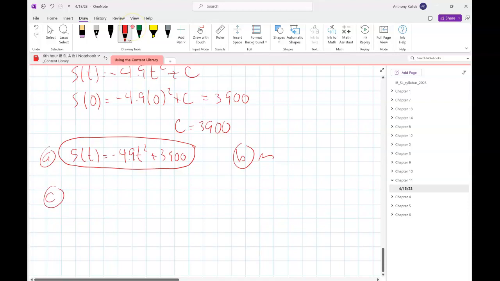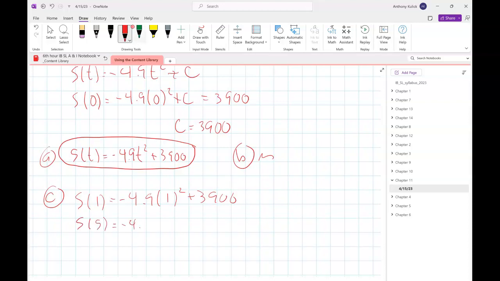And then part C asked to find the altitude of the skydiver at 1, 5, and 10 seconds. All we're doing is plugging in values, doing stuff like this, and I'm not going to bother with the calculator.